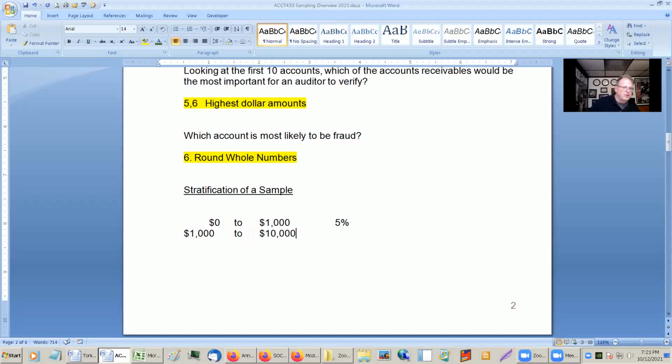And maybe you say, okay, let's take 20% of those. These are a little bit more interesting. And the ones that are over $10,000, maybe you take 100% of those.